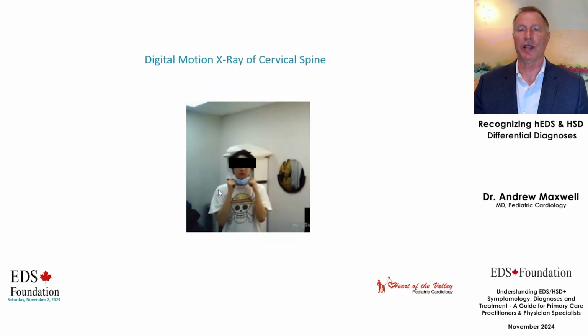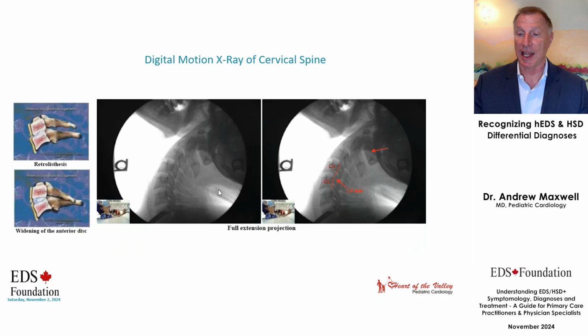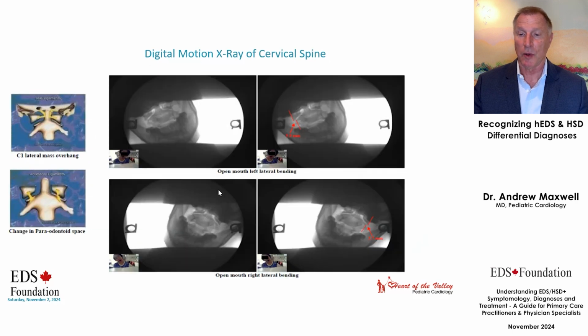This can be looked at with digital motion x-rays of the cervical spine. These are a couple examples of at least the still images. If you could imagine them being in motion, they would be much more telling of ways that the instability can be seen. I think it's most easily seen when you have the patient turning or leaning their head from one side to the other.